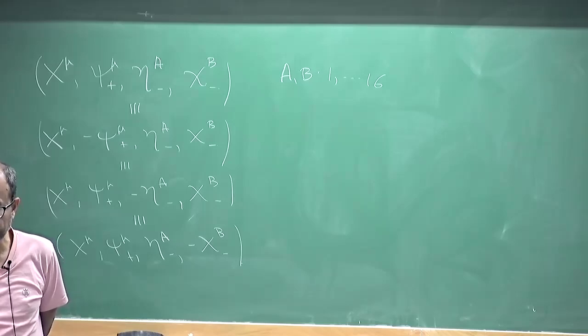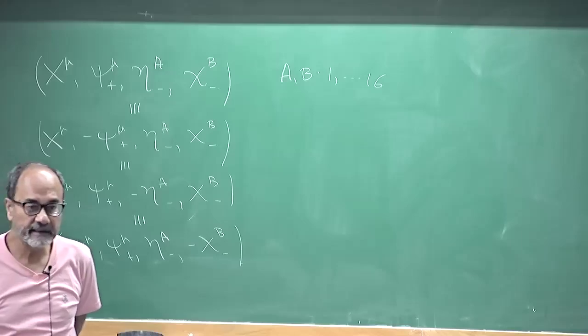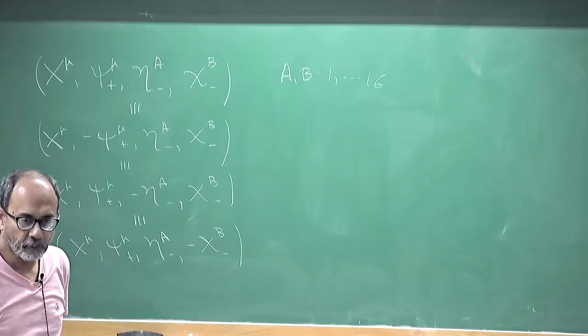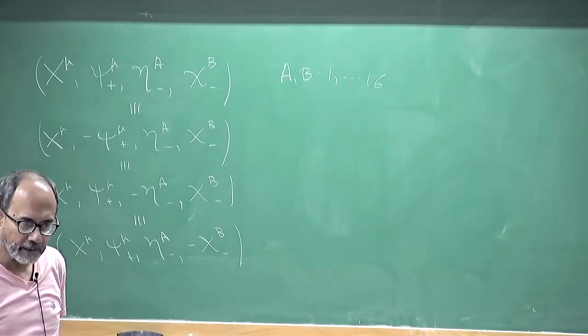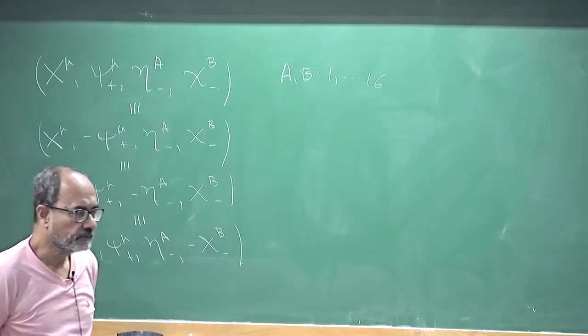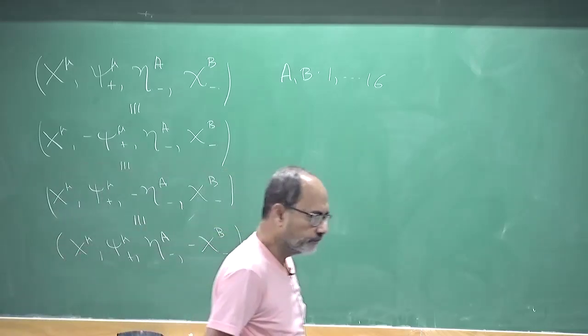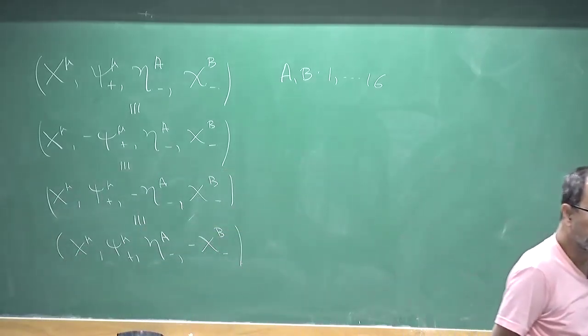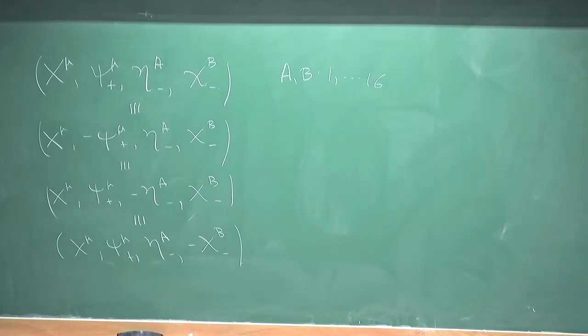Is this clear? There will be 3 GSO projection operators now, right? 1 on the right and 2 on the left. And the 3rd one is minus eta minus. Oh no, that will be SO32.